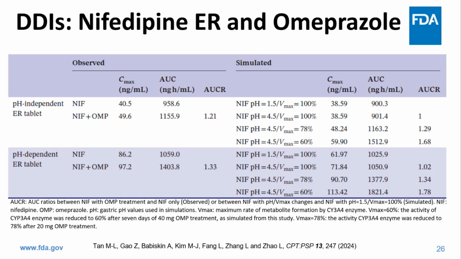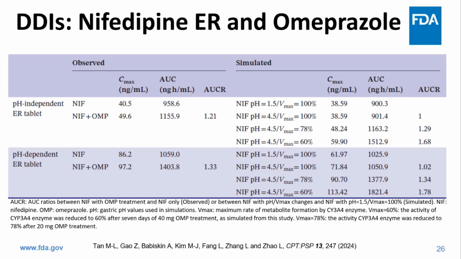This table summarizes the simulated and observed nifedipine PK parameters, Cmax, AUC, and also AUCR, which is the AUC ratio between nifedipine with omeprazole pretreatment versus nifedipine without omeprazole pretreatment, at different DDI scenarios. As you may see, the change of pH only did not change the simulated Cmax and AUC that much.